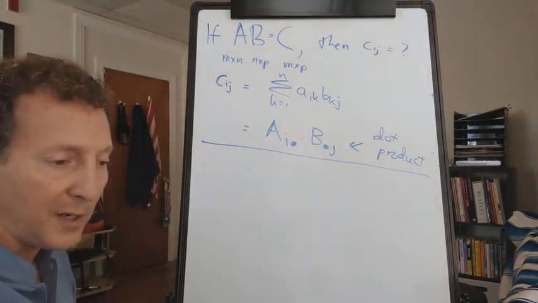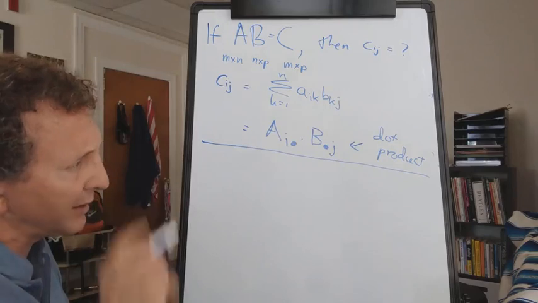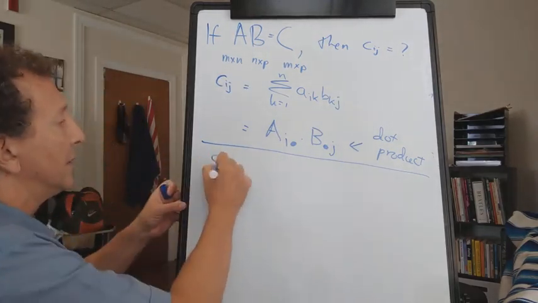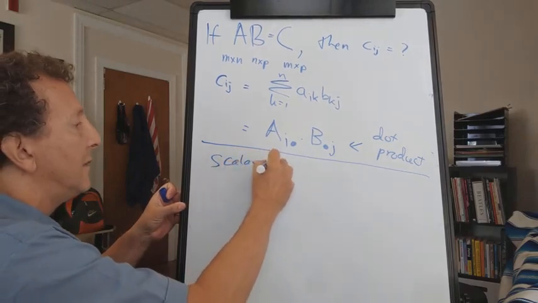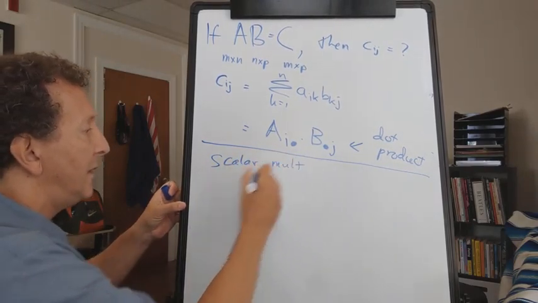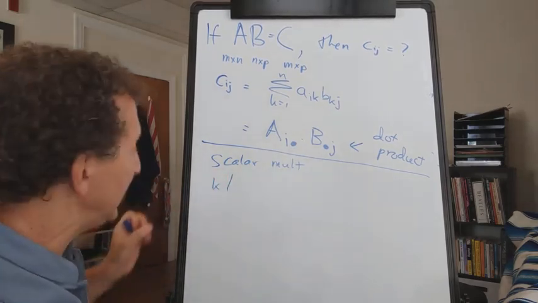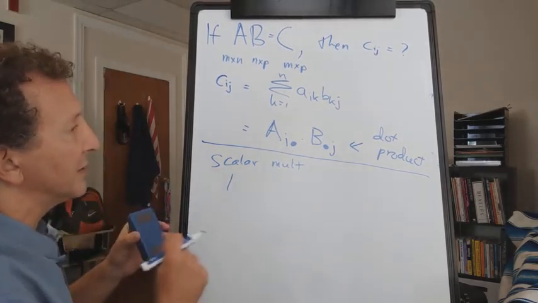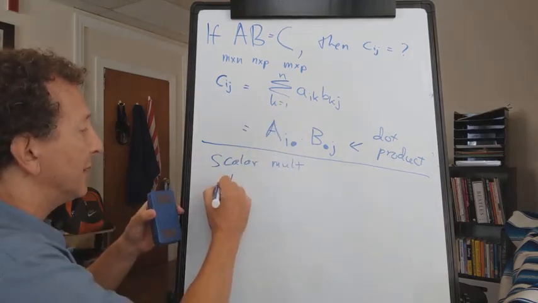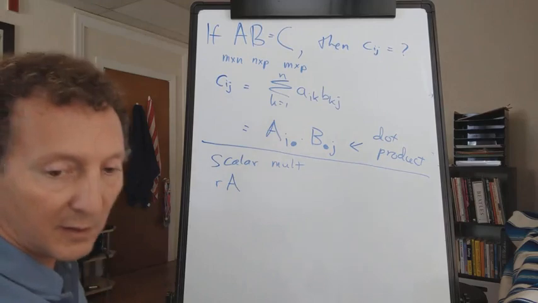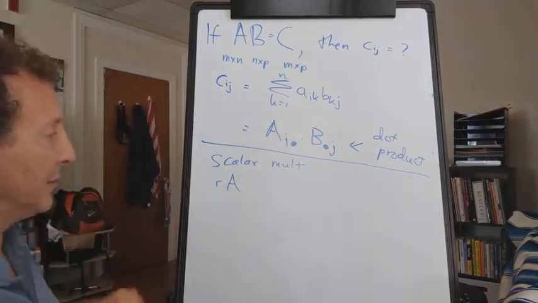All right, those are the binary operations. Now let's look at a unary operation. One is scalar multiplication. Let me use r as my scalar because I just used k in my sum here. Let's look at r times A. So r is basically a number and A is a matrix.